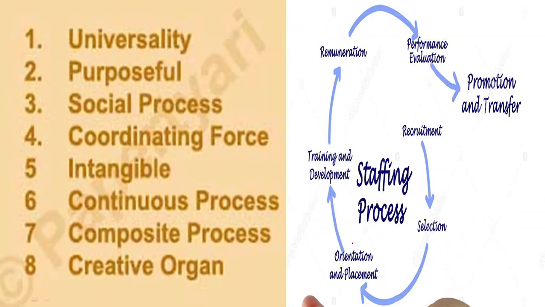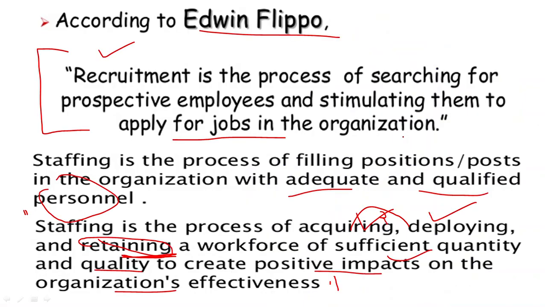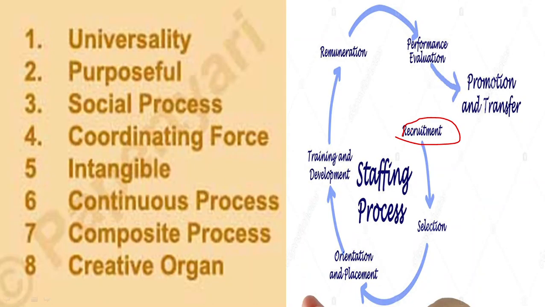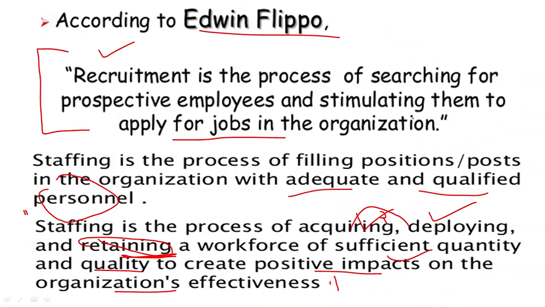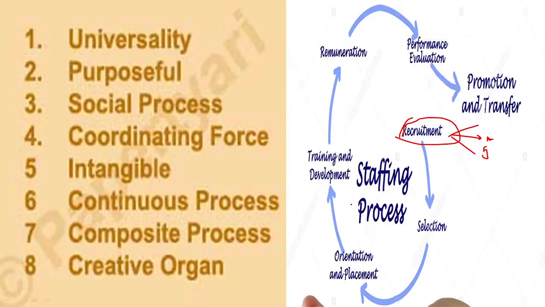So if we talk about staffing, it starts with recruitment, as we already discussed, that it is the process of searching for prospective employees, which you can do by publishing an advertisement or organizing a job fair. So you basically search for prospective employees and stimulate them to apply for the job. Then you conduct the selection process.